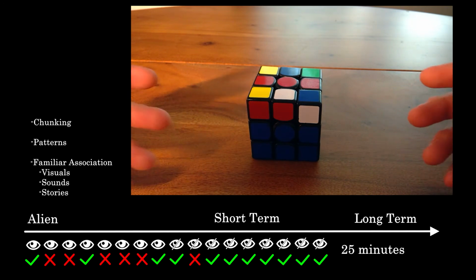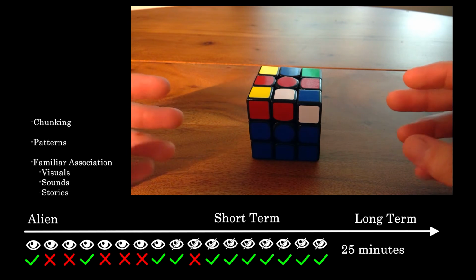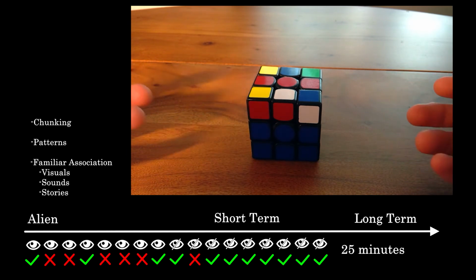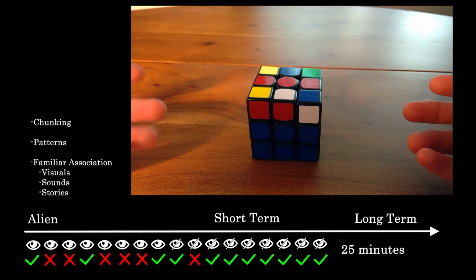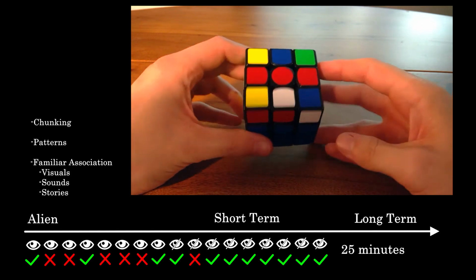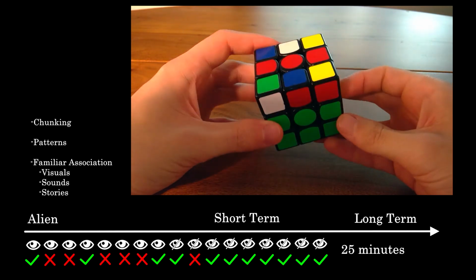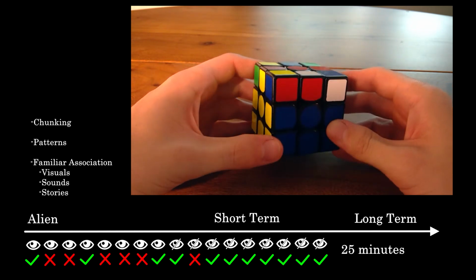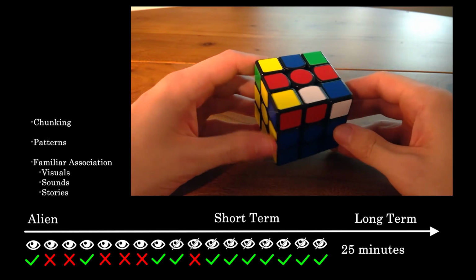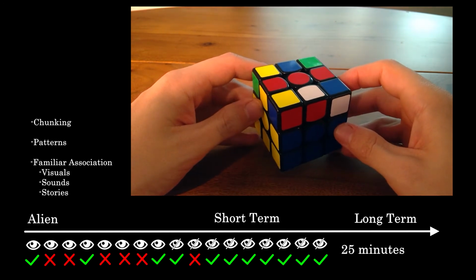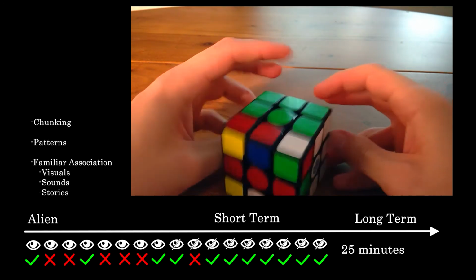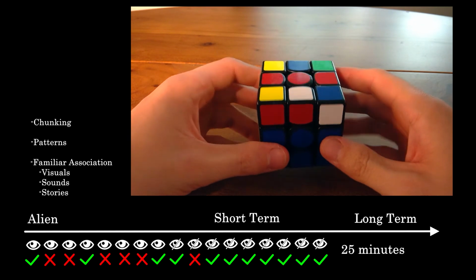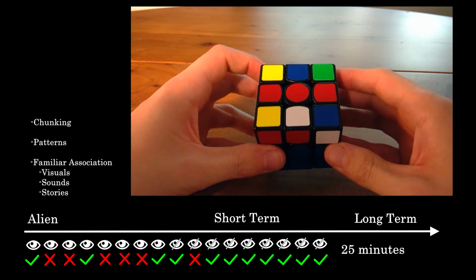Up until now, the tips have been involved with memorizing the actual moves in the algorithm, but another step that's important for getting fast solves is to have good recognition time. So if I look at this, I need to be able to quickly see what the correct algorithm to use is. That's my recognition time. A way that I'm using familiar association is to take advantage of the name of this algorithm, and it's called the ant.